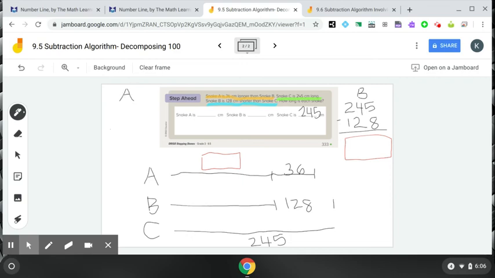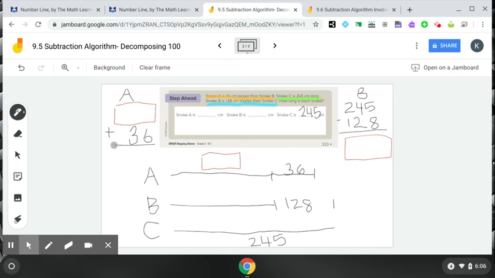Are we adding or subtracting to find snake A? If we take that total from snake B that we still have to find out and add 36, that will tell us how many centimeters long snake A is.